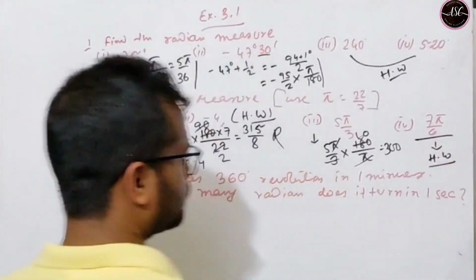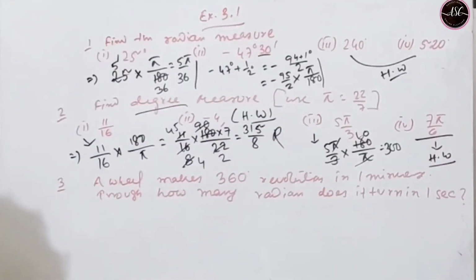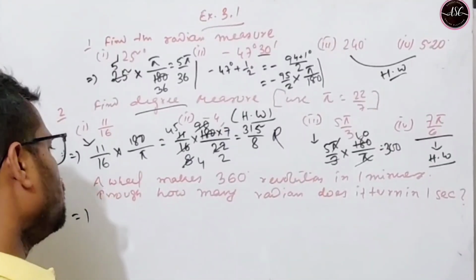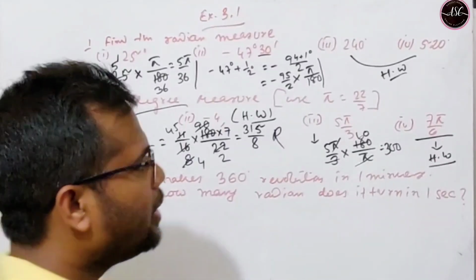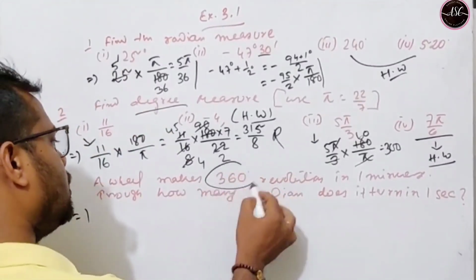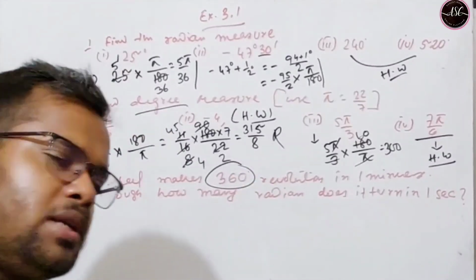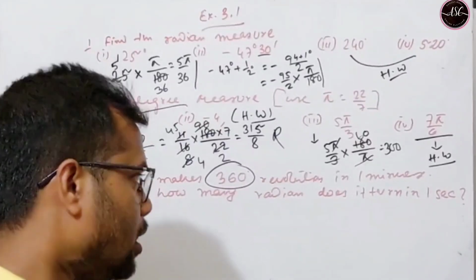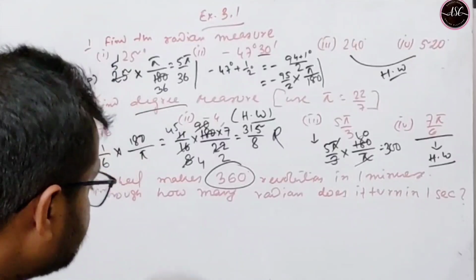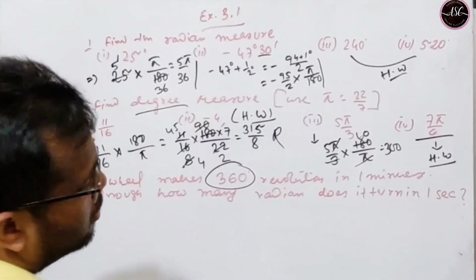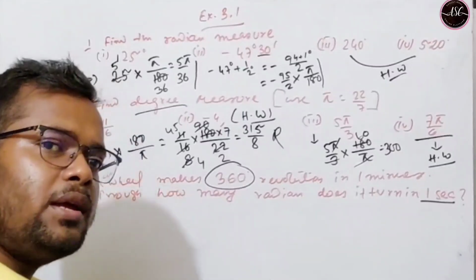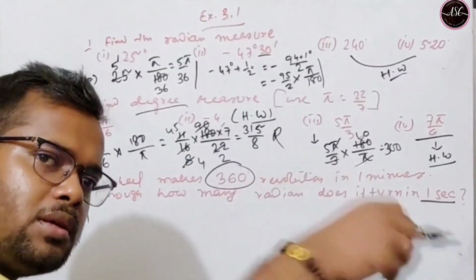Okay. Now question number 3. A wheel makes 360 revolutions in 1 minute. Through how many radians does it turn in 1 second? So in 1 minute the number of revolutions is 360, and we know 1 revolution equal to 2 pi radian. So firstly we have to find in 1 second how many revolutions there are.